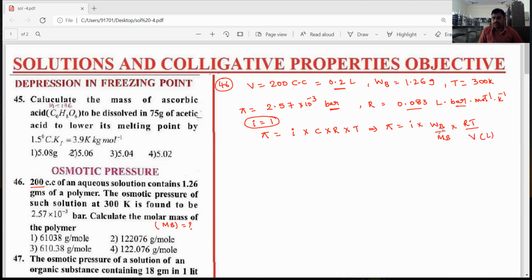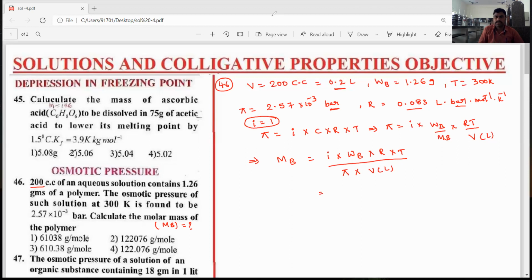In that, we need to find out MB, the molar mass of solute or polymer. Gram molecular weight is equals to i into WB into R into T divided by osmotic pressure pi into the volume in liters.